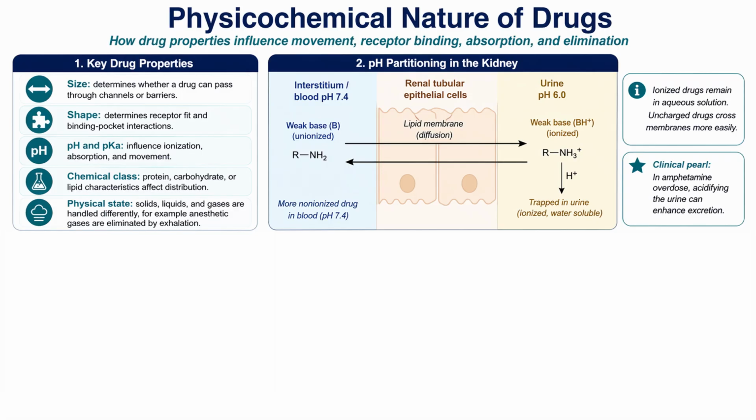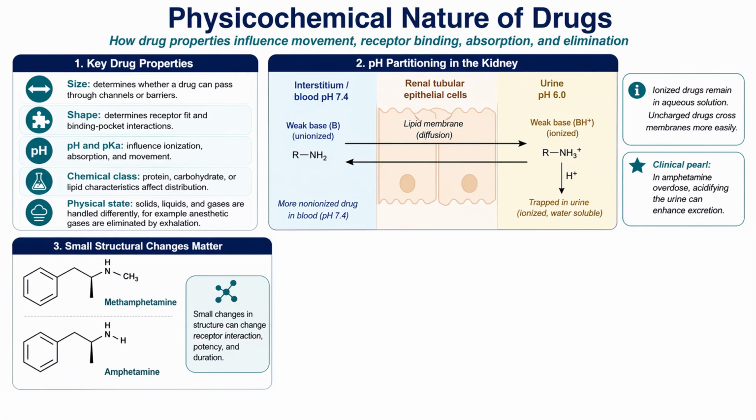Clinically this matters with an amphetamine-type drug. Amphetamines are weak bases, and when they cross over the lipid membrane into the urine, the acidic urine increases ionization, which reduces reabsorption back into the blood. In other words, it's sequestered or trapped in the urine, which can increase excretion. This is a relevant concept in overdose management.